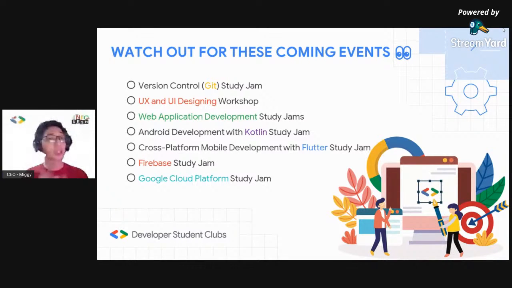Again, it's not yet final, but those are the listed events. Those would be more on workshops and study jams, or if we are fortunate enough to get resource speakers from Google Developers Group or Google Developer Experts, then we would have them on board on our events. So far, those are the events that we would like to do.